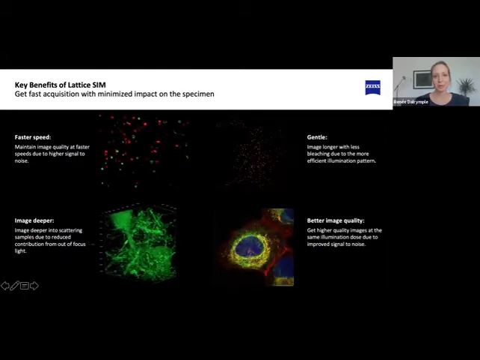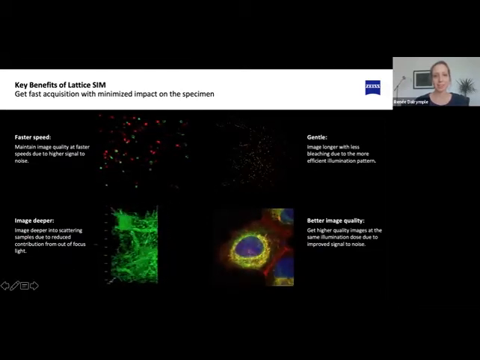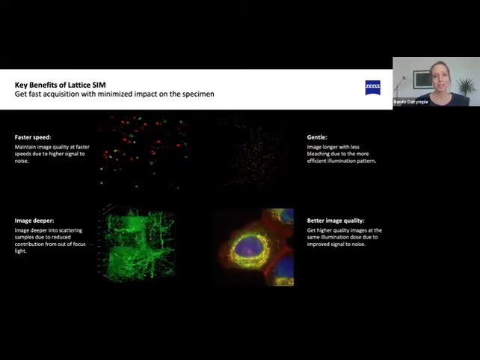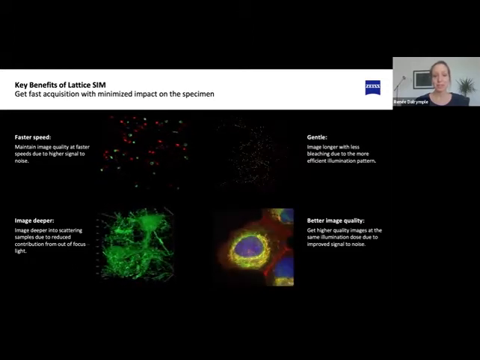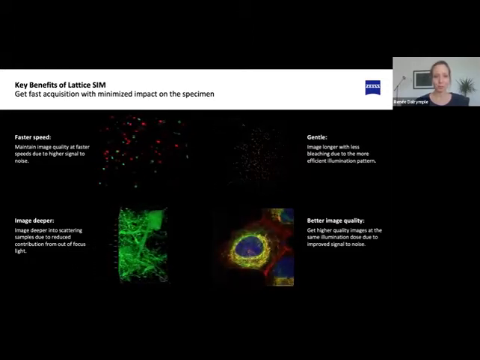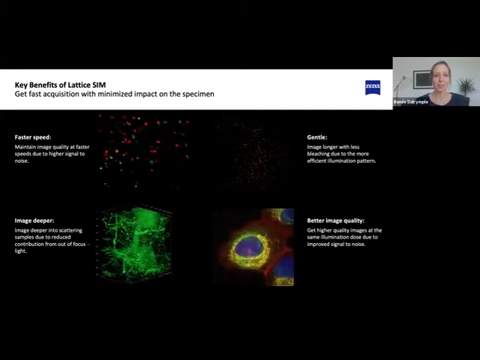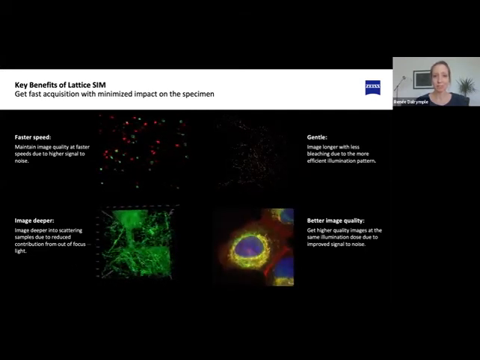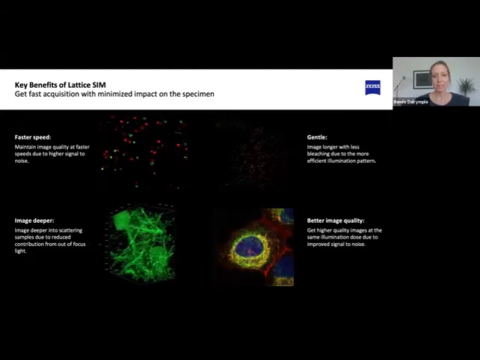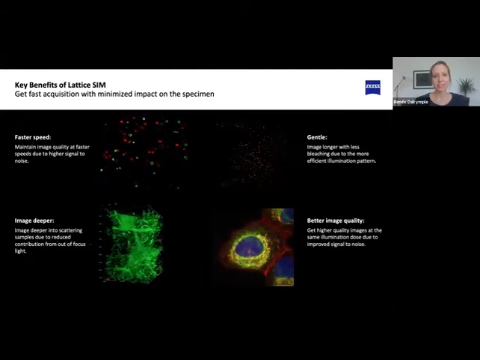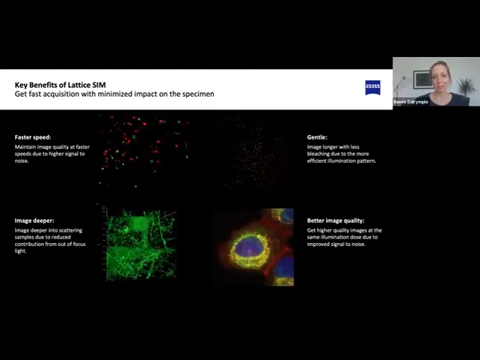So if we take a look at some application examples for what Lattice SIM enabled, we see that it also allowed us to push the speed of acquisition, which of course is so important for live cell imaging, all the way up, in fact, to 255 frames per second. So we can capture things like this dual color image of endosomes zooming around in our sample.